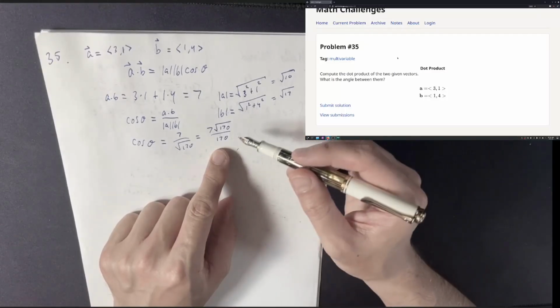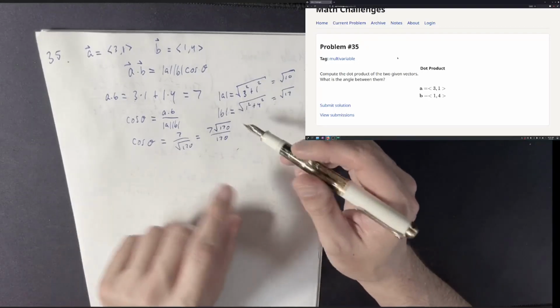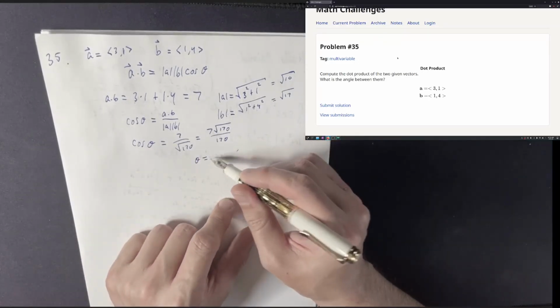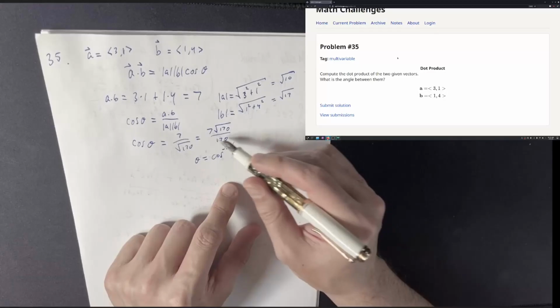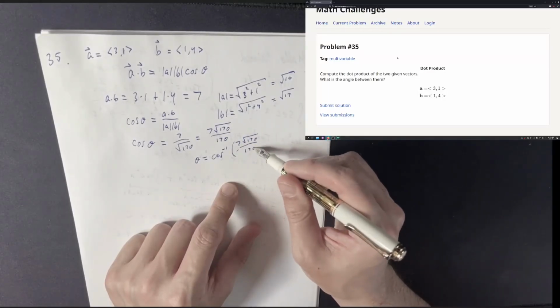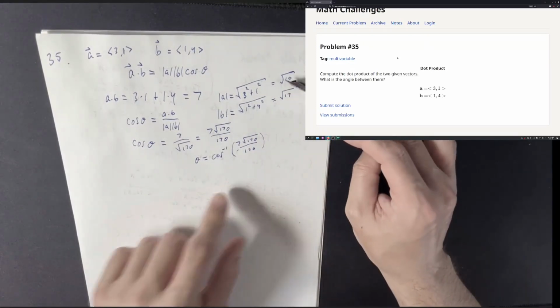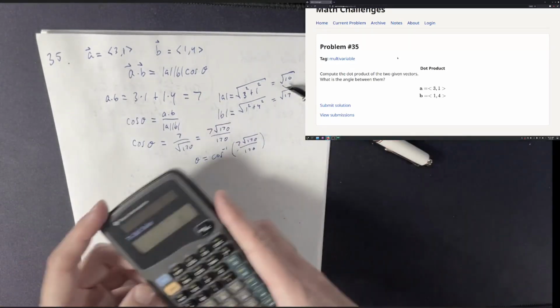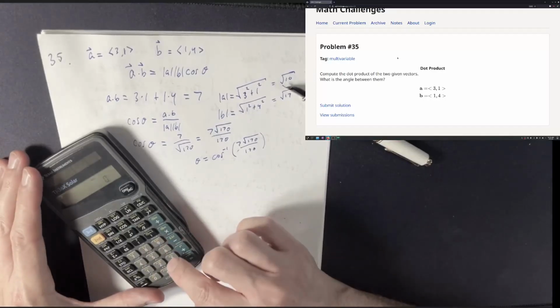But what you could do is take the angle, which is going to be arc cosine or inverse cosine of whatever this real number is. So let's see if I can handle that.